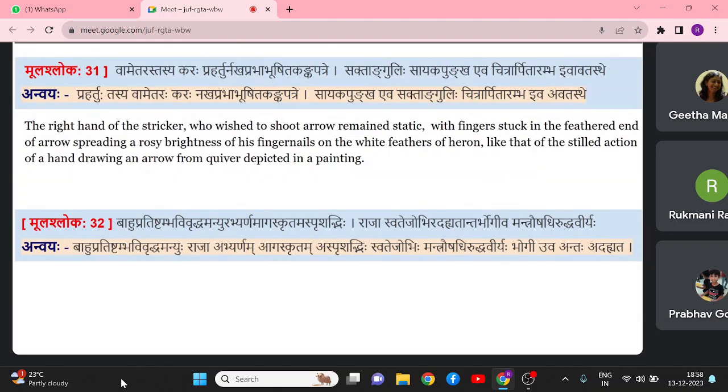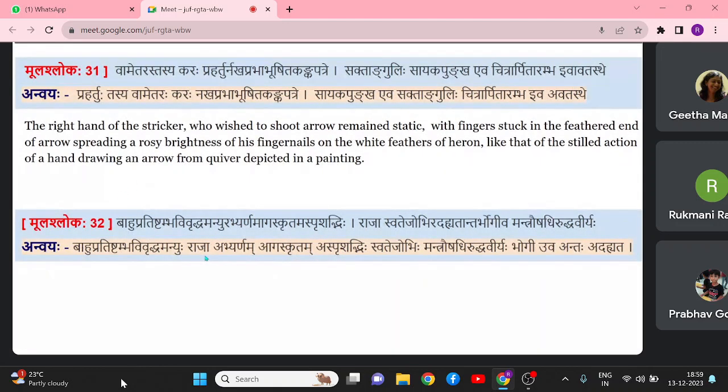Agaskritam means somebody who has committed a sin, an offender. So, Abhyaranam Agaskritam, the offender who is right in front of him. Then Asprushatbihi. Asprusha, that which cannot be touched. So he is not able to touch the offender, though he is in front of him.